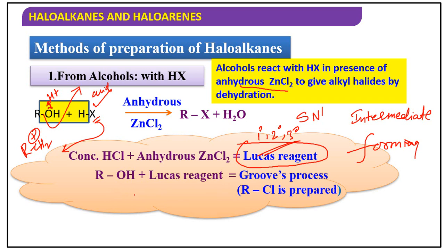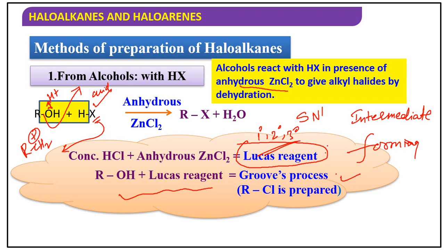Now alcohol plus Lucas reagent, this process is known as the Groves process. Sometimes the question will ask, what is the Groves process, what is the reagent? So here two names are there: Lucas reagent and Groves process.